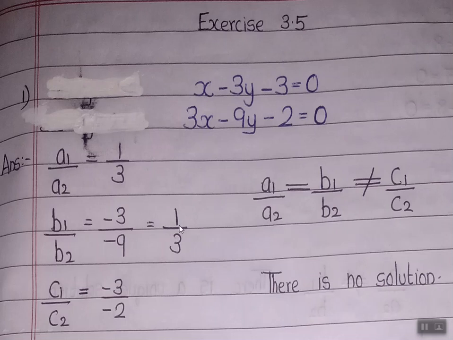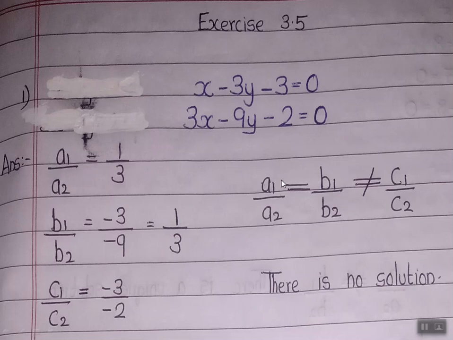So cancelling the common terms, you will get again 1 by 3. Here you can see a1 by a2 is equal to b1 by b2. Both are 1 by 3. Next, we will go for c1 by c2. c1 is negative 3, c2 is negative 2. So what is c1 by c2? Negative by negative cancels. So c1 by c2 is equal to 3 by 2.